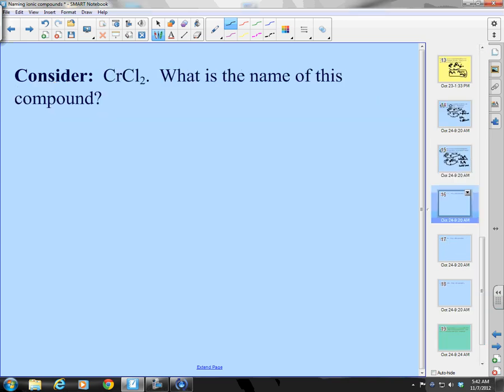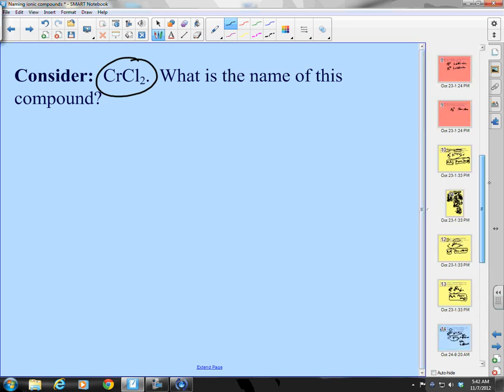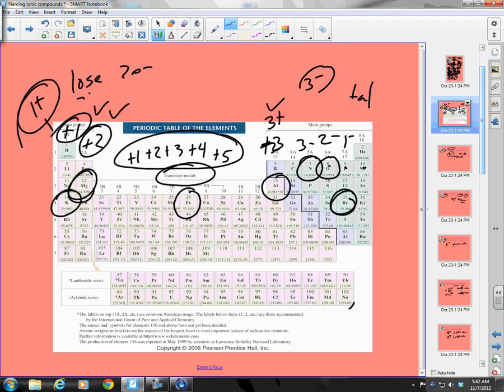Moving on. All right, you name, let's see, how do we name this? Well, we've got CrCl2, and we go to our periodic table, and let's find Cr, and where's Cr? Ooh, Cr is a transition metal. That means it could have multiple cations.